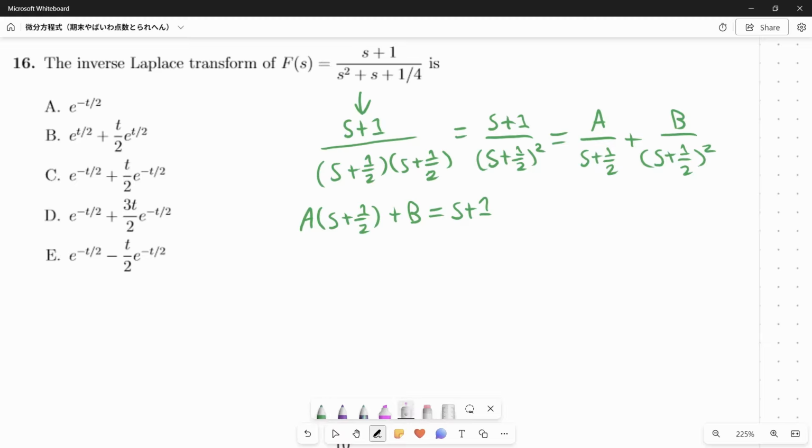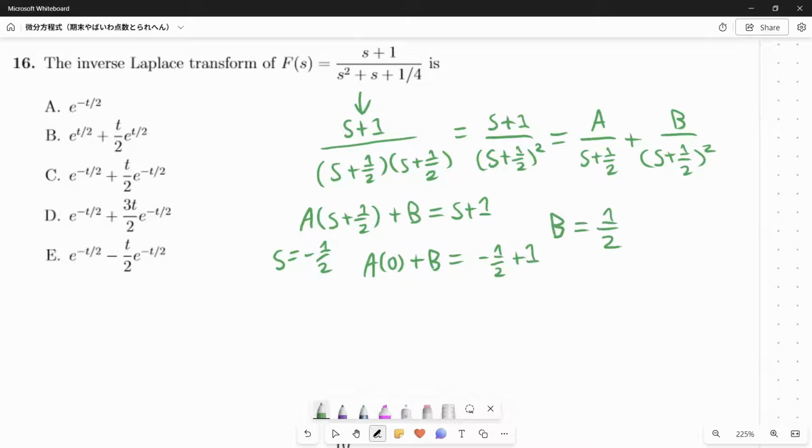In this case, you can see we have an A times (s plus 1/2). So if we use a test value of s equal to negative 1/2, then we can cancel out A, and we end up with A times 0 plus B is equal to negative 1/2 plus 1. Simplifying this down, we find right away that B is equal to 1/2.